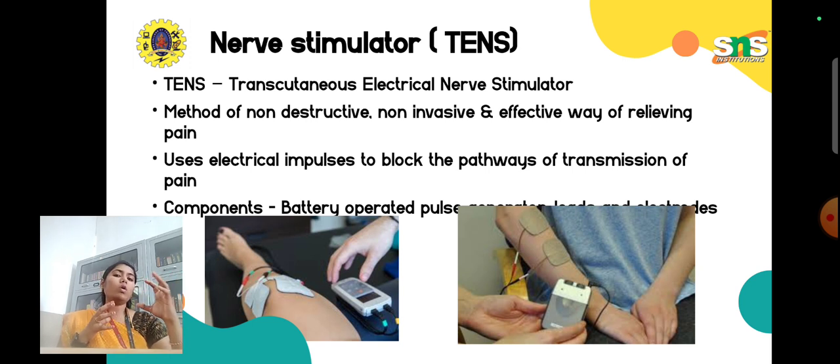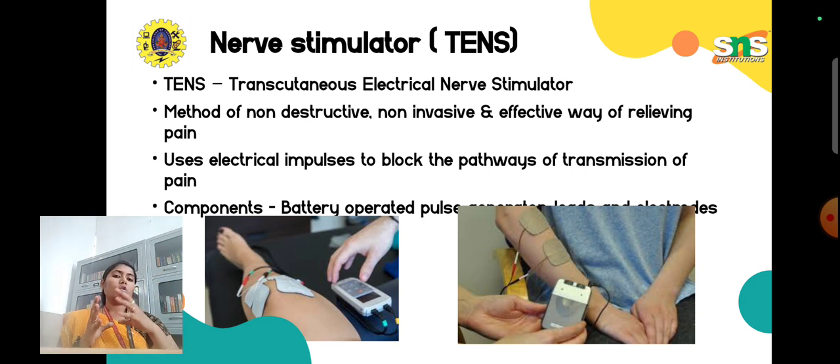By applying this electrical impulse, we block the transmission of the pain signal from reaching the brain, so the brain does not receive it, and the person loses the perception of the pain. That is the actual mechanism in TENS.